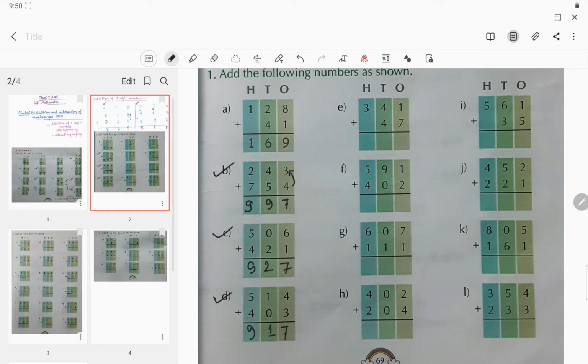So please try E number by yourself. F number also, G number also, and H number also. You have to solve and write in your copy. You can also write in your book, but if you write in your copy, then it will be practiced.